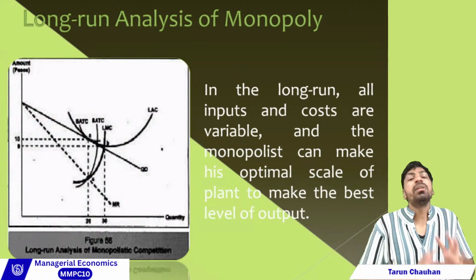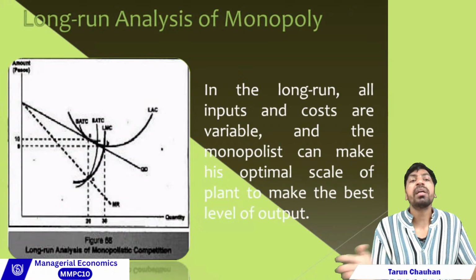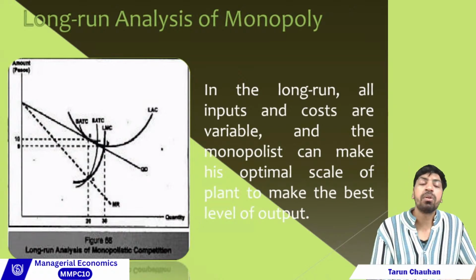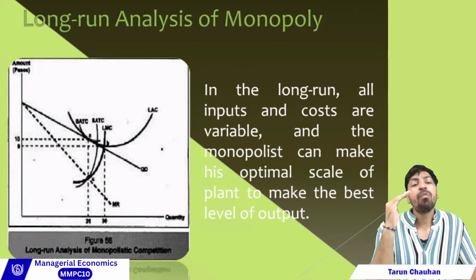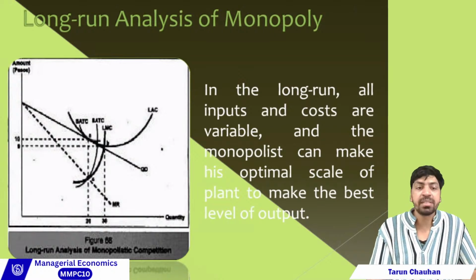When we talk about the long run analysis, in the long run the single monopolist could reduce the price, and once it reduces the price, automatically the demand would increase, and the quantity or output would increase.